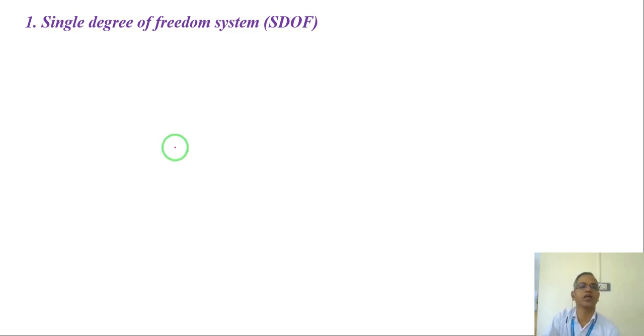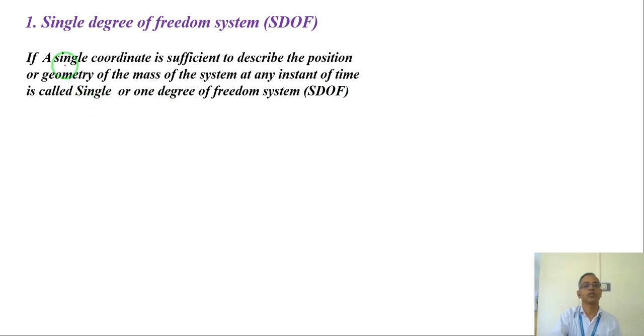Now if you take a single degree of freedom system in detail, that means a single coordinate is sufficient to describe the position or geometry of the mass.